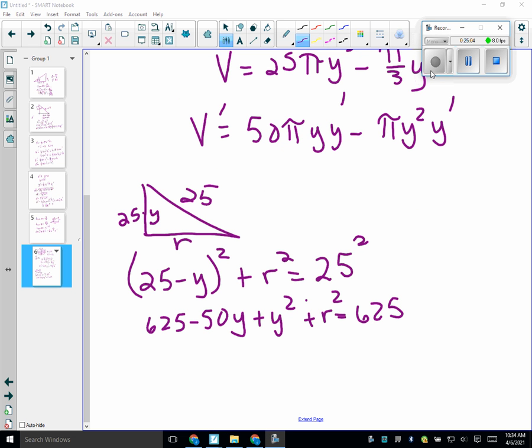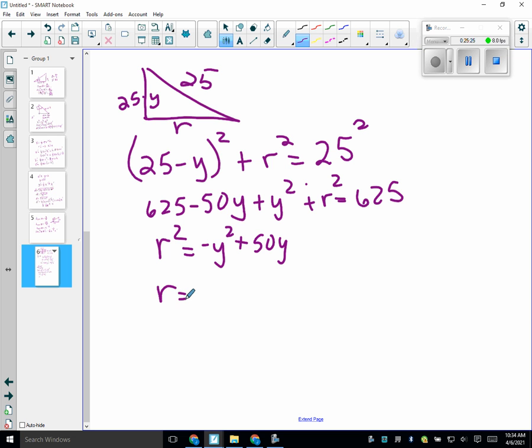Okay, this is B. So is r squared equal to negative y squared plus 50y?